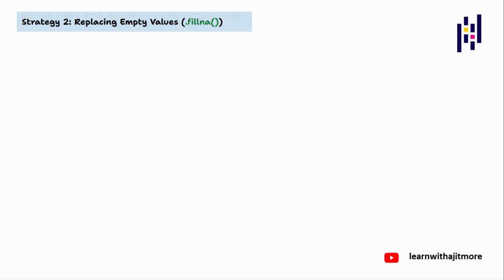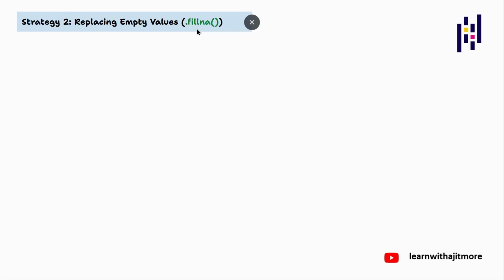In that also I showed you dropna, which is either changing the original data frame or returning a copy data frame. Now the second option, what I said, instead of dropping that row, replace it with some value. You can replace that cell with some value.